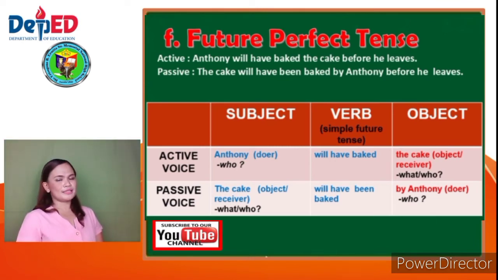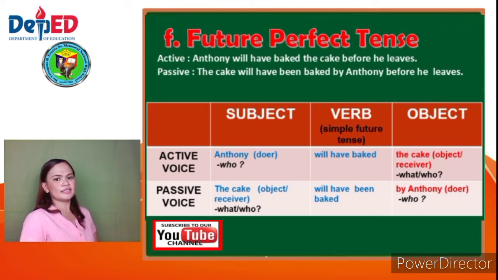In active voice, the verb will have baked is in future perfect tense. Future perfect tense is used when expressing something that you expect to be done in the future time. Anthony wants to bake a cake and he will have it baked before the celebration comes.